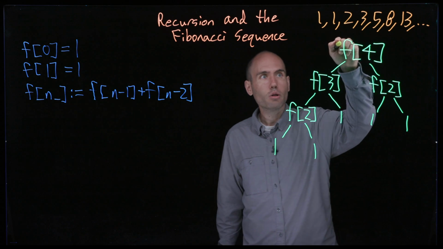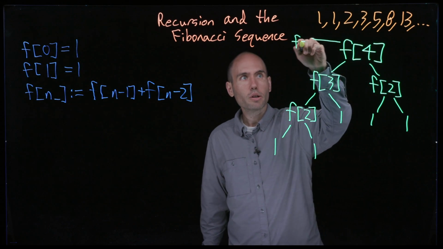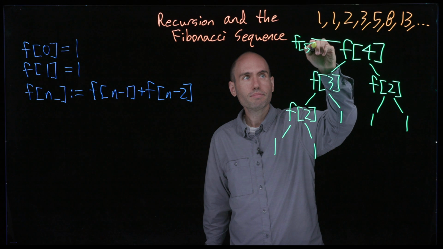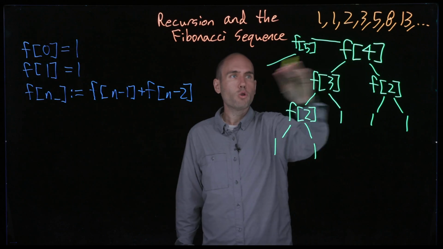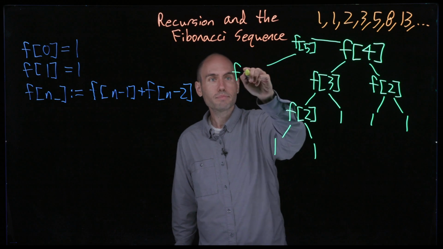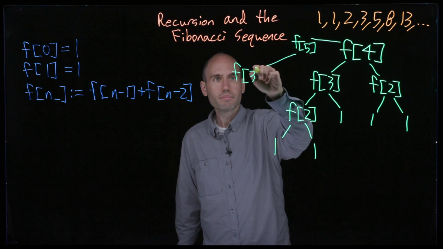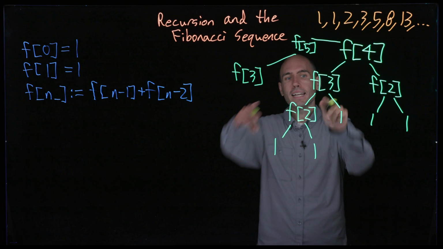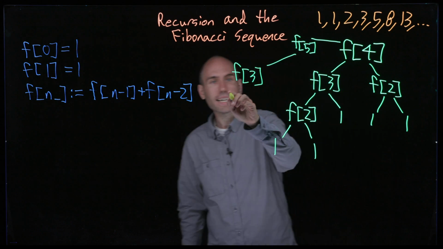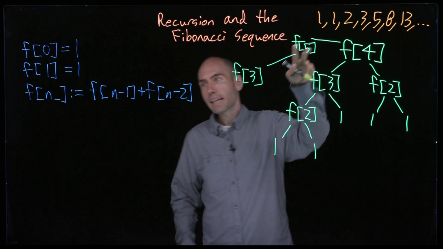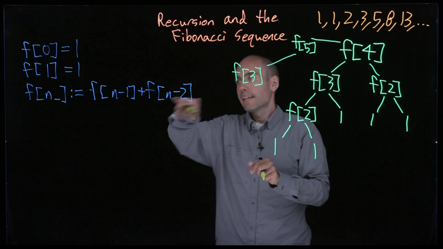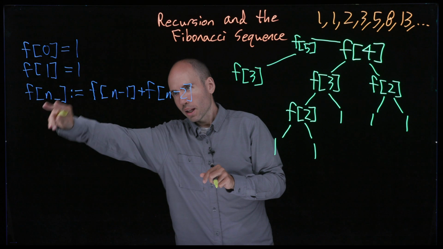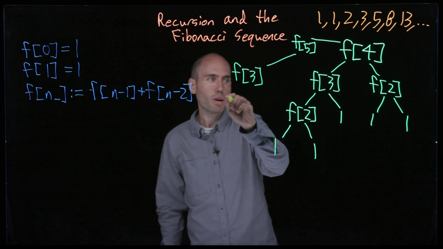Okay, let me write it over here. So here's f bracket 5. So it's going to be f bracket 4 plus f bracket 3. Okay, and then I have to recompute f bracket 3 for the way it's written, because Mathematica sees f bracket 3, and then what's f bracket 3? Well, it's f bracket 2 plus f bracket 1.